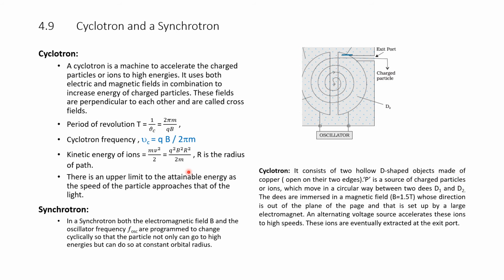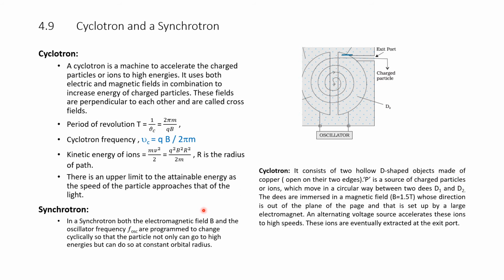Since there is an upper limit to the attainable energy as the speed of particle approaches that of light, there is another machine called synchrotron, which uses both electric and magnetic fields programmed to change cyclically so that particles not only can go to high energies but also do so at constant orbital radius.